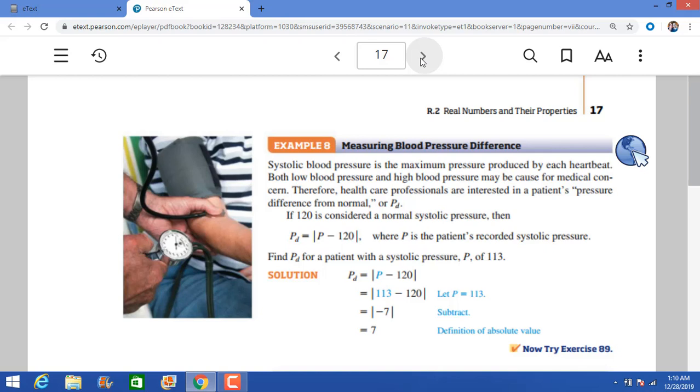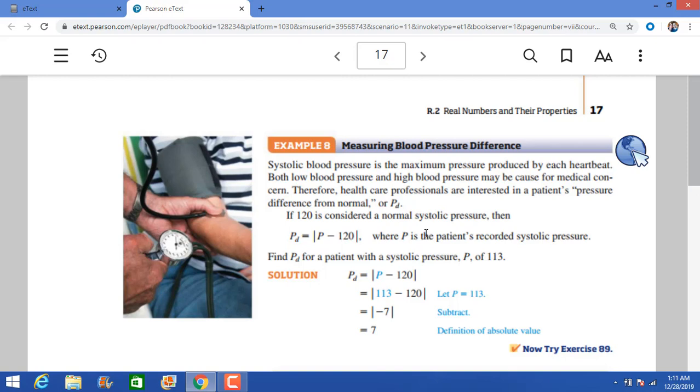Okay, so here's example number 8. Systolic blood pressure is the maximum pressure produced by each heartbeat. Both low blood pressure and high blood pressure may be the cause of medical concern.